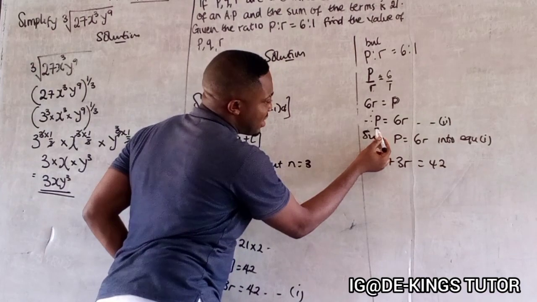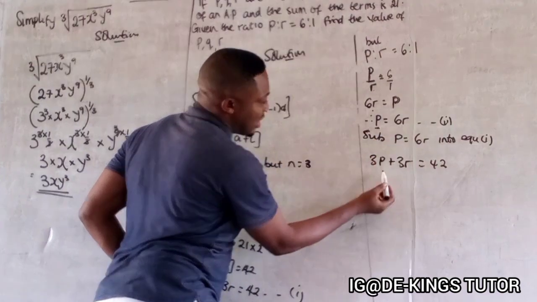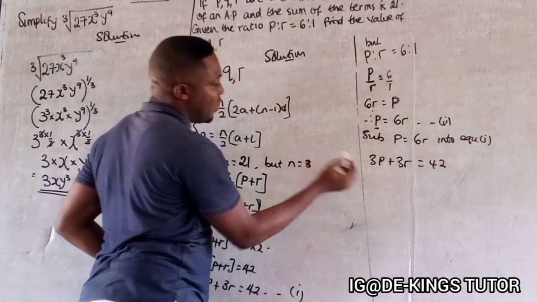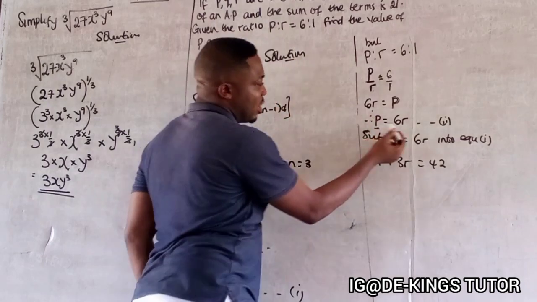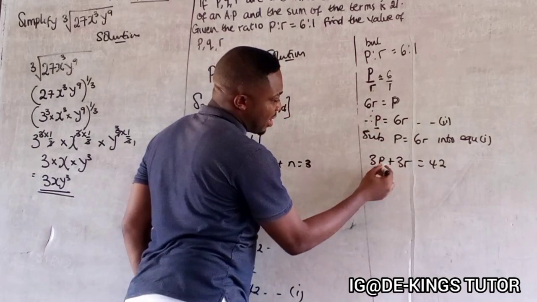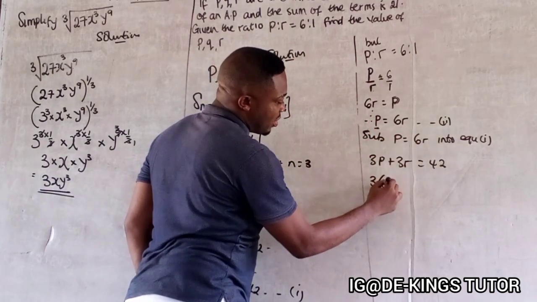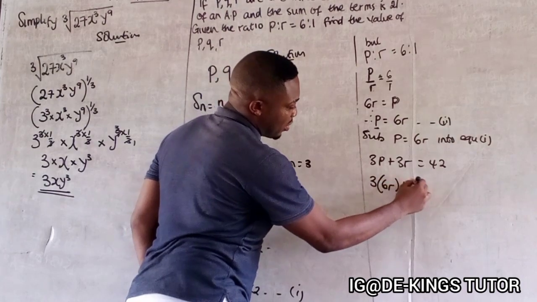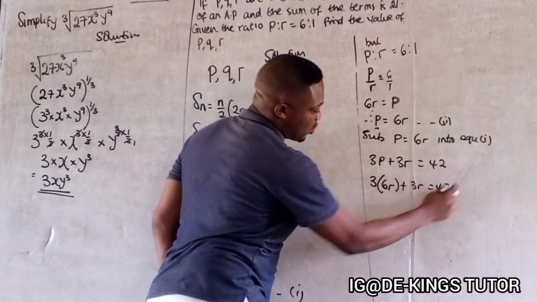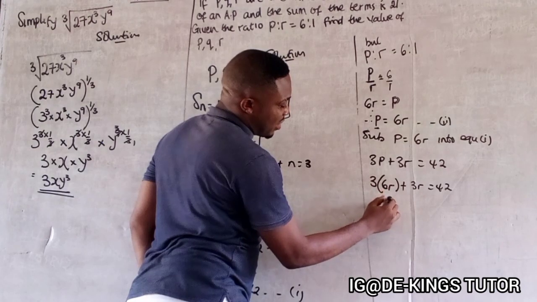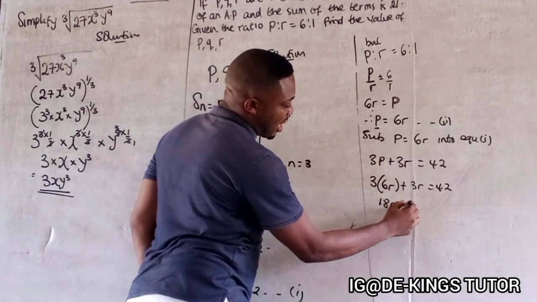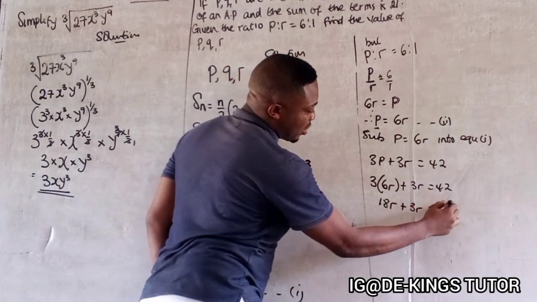Anywhere I see P, I place 6R, so that I can make just one variable the subject. So I put 6R in place of P: 3 times 6R plus 3R equals 42.